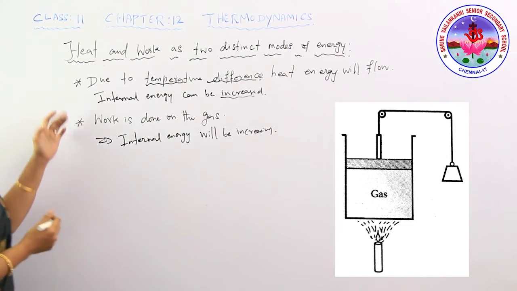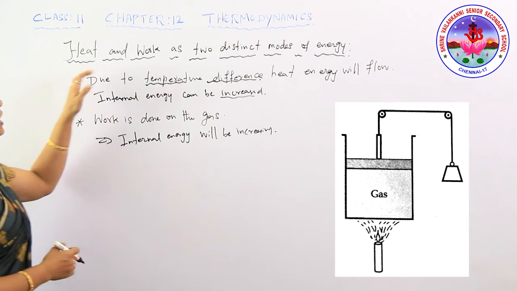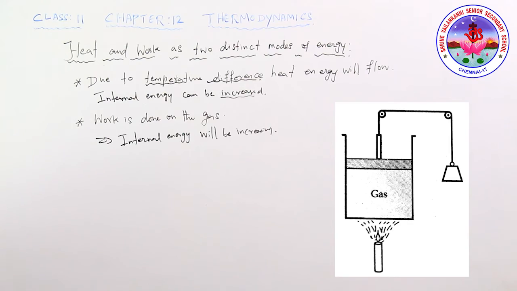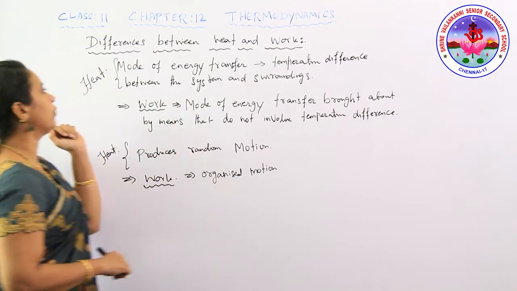Right. So by these two ways, we can increase the internal energy, and we can show that heat and work are two distinct modes of energy. Now we are going to see the differences between heat and work.